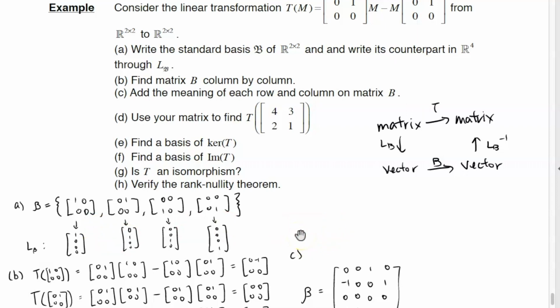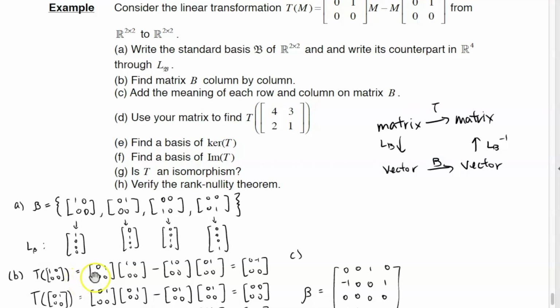In order to build matrix B, I need to figure out what the transform of each basis element is. So for this basis element 1, 0, 0, 0, I'm going to plug in the original element in my basis and actually work through the problem entirely to see what the output is.